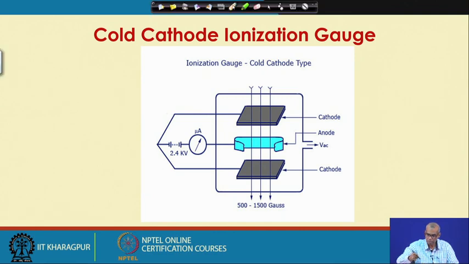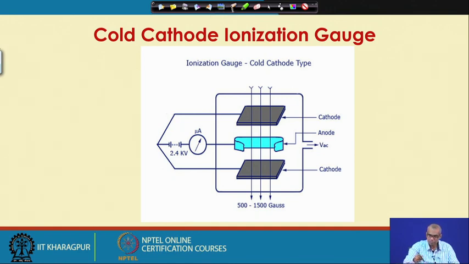So, you have the cathode and you have the anode. You superimpose the magnetic field which is as high as 1500 Gauss.